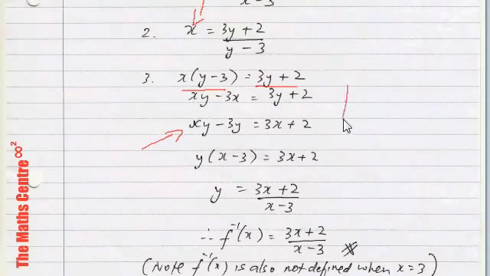Do these things slowly, please do not make mistakes here. I've taken out the y, factorized it, and you'll get x minus 3 here, and I have 3x plus 2 here. So now I have y equals to 3x plus 2 over x minus 3. So finally write down the answer. F inverse x is equal to 3x plus 2 over x minus 3. Note, f inverse x is also not defined for x equals to 3.